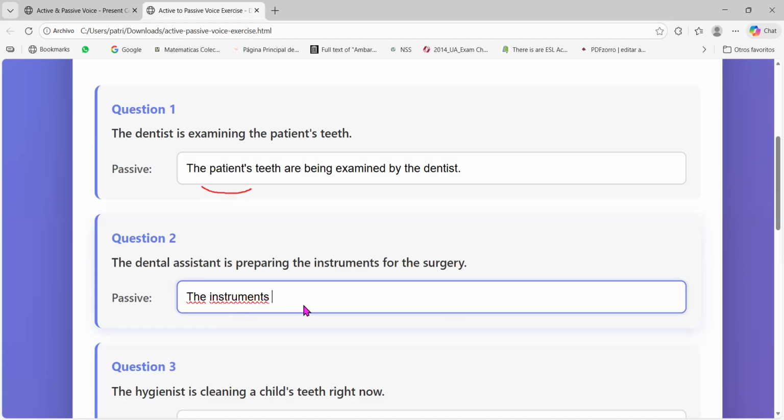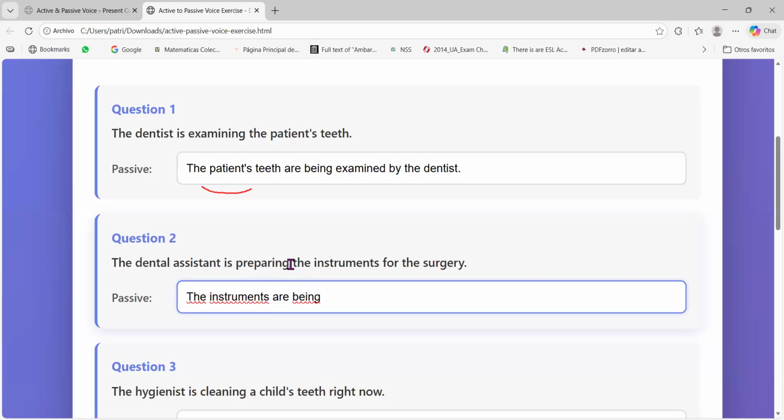Instruments is, are, or am, my dear Sarah? Are. Then being. Now we recycle.